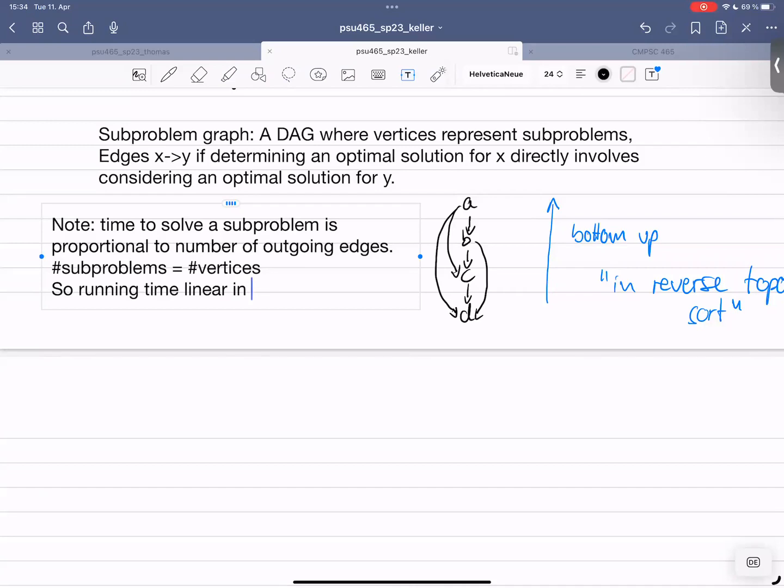Based on all this, we have a certain number of problems, and for every problem, we have the dependence on the number of outgoing edges. So overall, the running time will be linear in, what would you say?